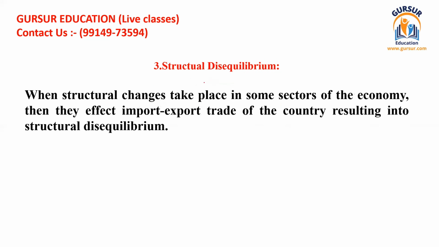The third one is structural disequilibrium. Structural, when some of the sectors of the economy are undergoing some changes. For example, Ford company has decided that they shall not manufacture their cars or whatever they were making, and they shall stop their manufacturing plants in India.